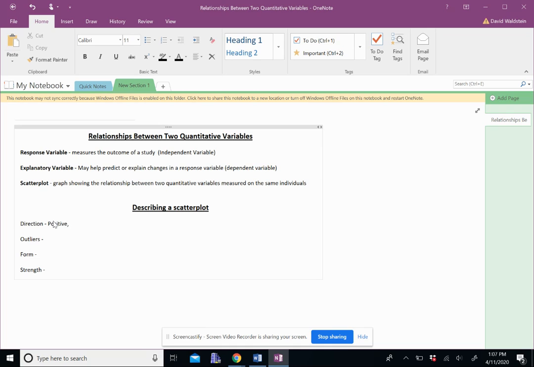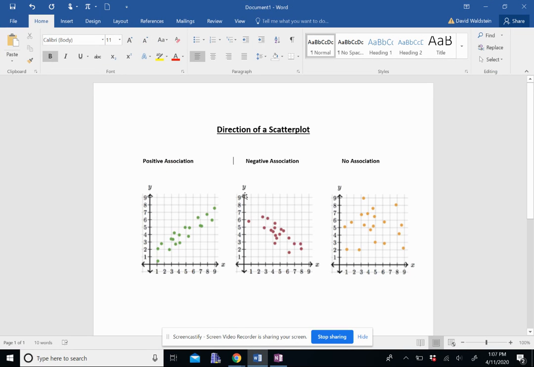And our three different possibilities are going to be a positive association, a negative association, or no association. All right, and I'll quickly flip to some examples. So these are some examples of scatter plots. So we have a positive association here. And notice that as your x is increasing, your y is also increasing. That's the pattern of our data, right?